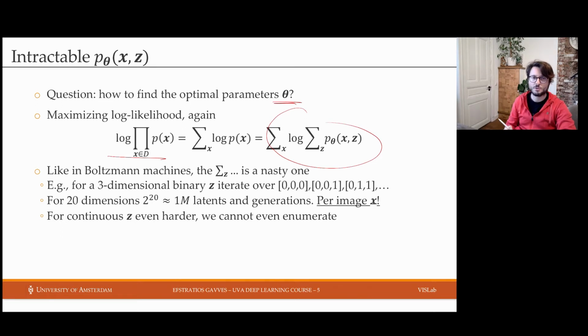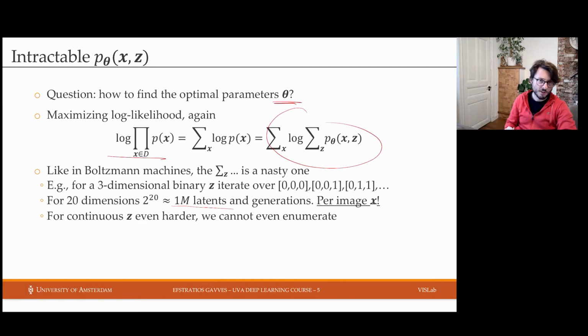Just for three-dimensional z vectors, we have to iterate over all possibilities, and if we increase from 3 to 20 dimensions, so not a huge increase, this means that we would have to visit over 1 million different combinations. That is for each image x.